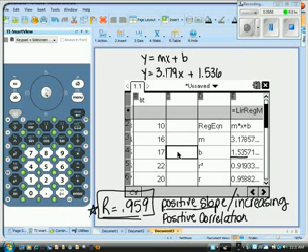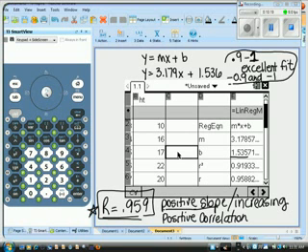If it's between 0.9 and 1, that is an excellent, excellent fit to the data. If it's between negative 0.9 and negative 1, it's an excellent fit to the data.